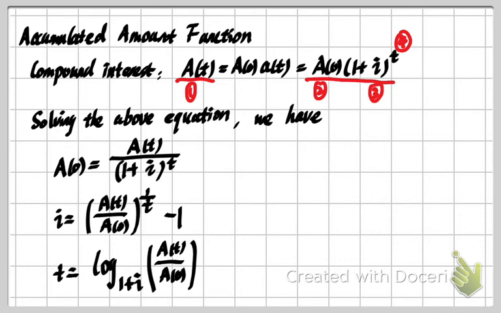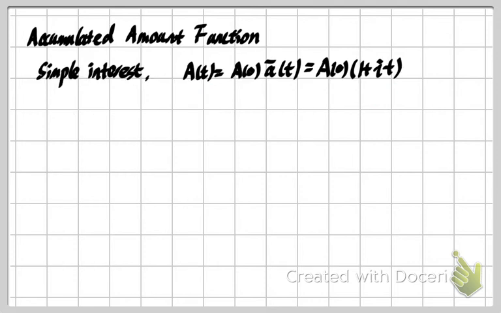Of course, besides the compound interest rate, we also have the equation for the simple interest rate. For the simple interest rate, the idea is still the same. The investment amount at any time t should equal the initial investment amount times the interest growth. The only difference is that for simple interest, we plug in the simple interest growth.